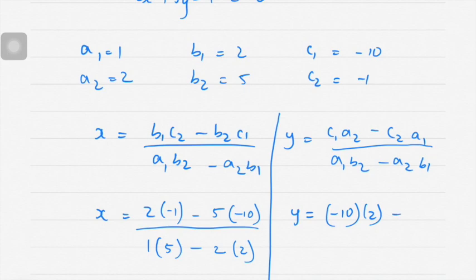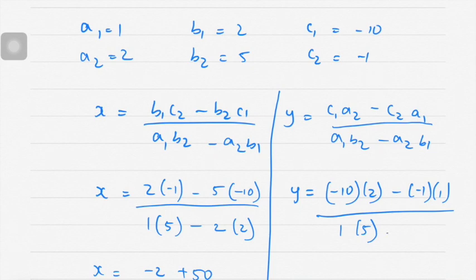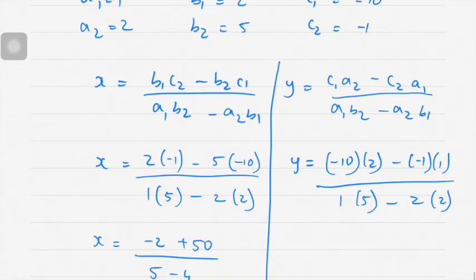C1 is minus 10, A2 is 2, C2 is minus 1, A1 is 1, upon A1 is 1, B2 is 5, and minus A2 is 2, and B1 is also 2.